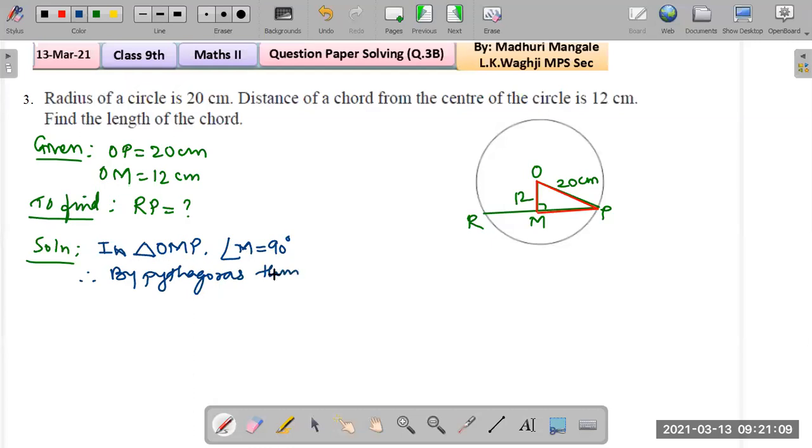Therefore, by Pythagoras theorem, what can we say? The hypotenuse square is equal to the sum of squares of the other two sides. The hypotenuse is the side which is opposite to 90 degrees. So that will be OP square equals OM square plus MP square.